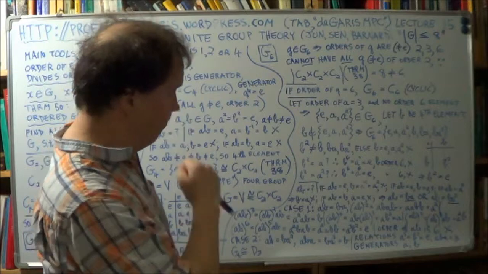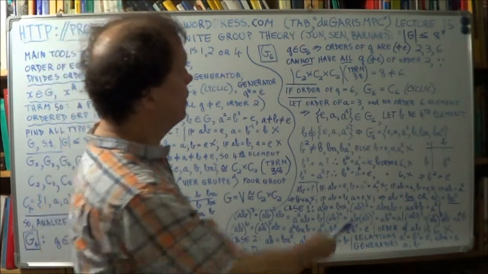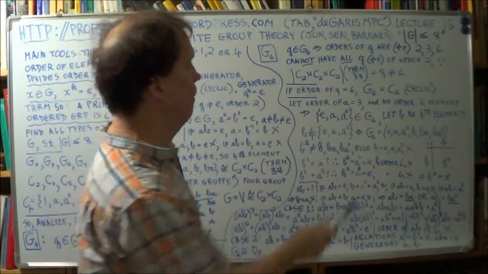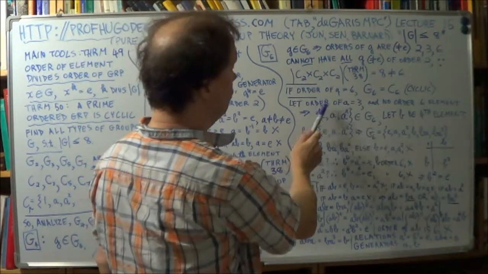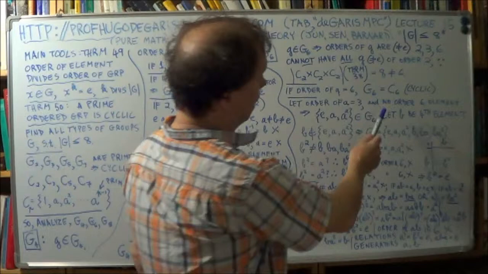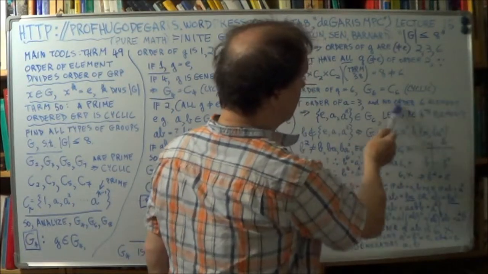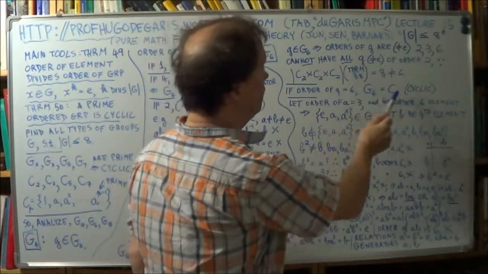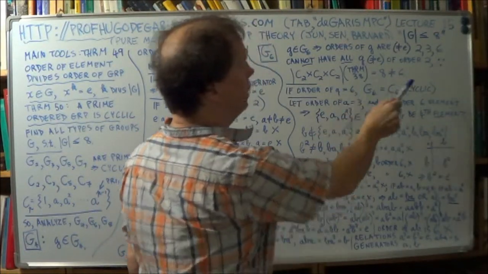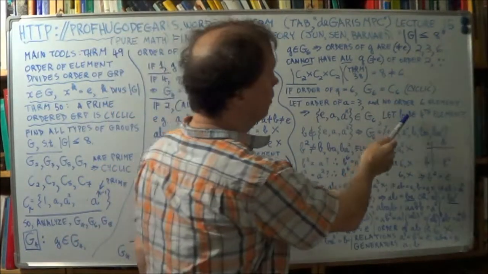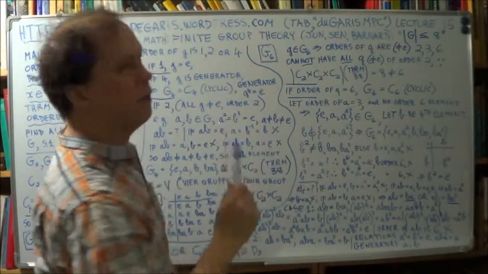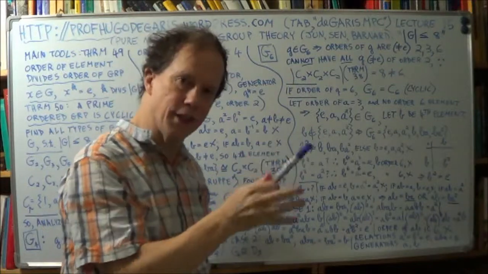So let's just say element A is the element that has order 3. Okay? So we'll assume that, and that we have no order 6 element. Right? We've already done that. We've eliminated that possibility, because if there is an element of order 6, the group's cyclic, and we've done that.